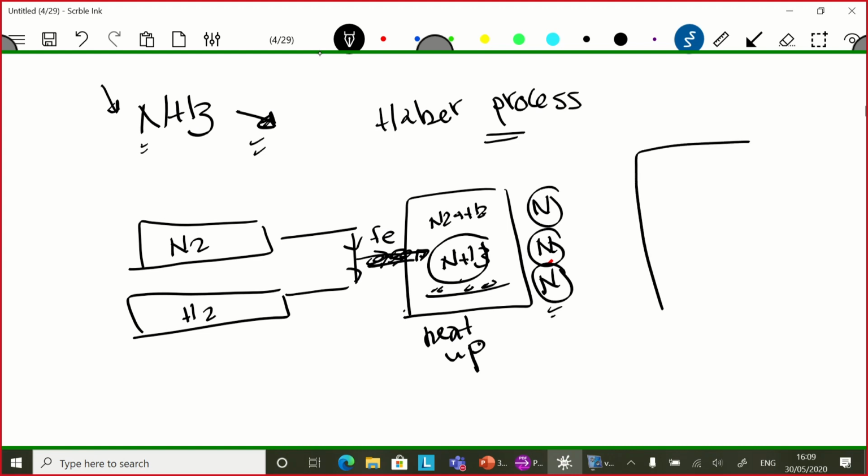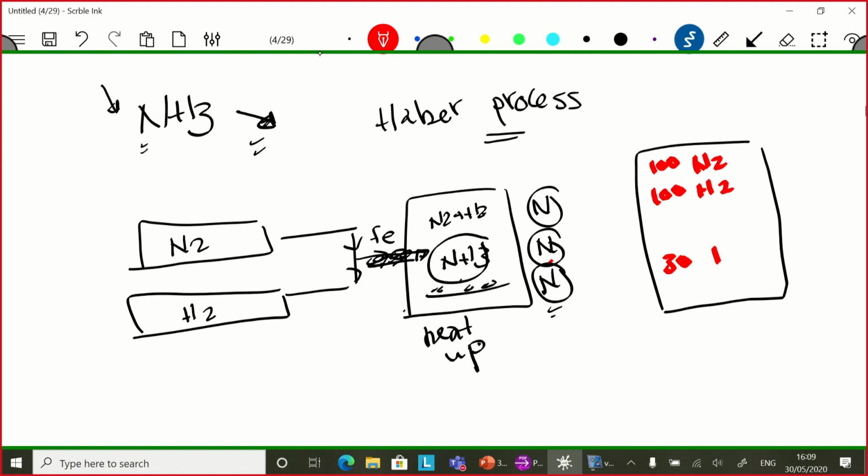So in this container, what you're going to notice is that, for example, you started with 100 molecules of nitrogen and 100 molecules of hydrogen. You left that for 1, 2, 3 hours, and then suddenly you notice that the reaction had stopped, and you formed around 30 ammonia, and this amount is not increasing anymore.